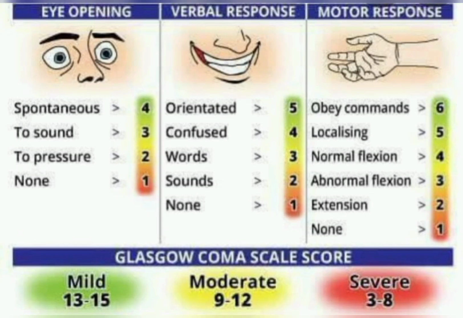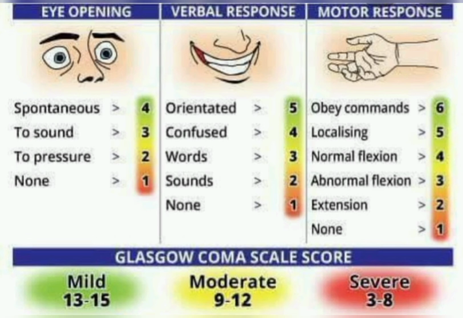In the GCS, the most important parameters are eye opening, verbal response, and motor response. So in eye opening, how do we score whether the patient is opening spontaneously or not? If the patient opens the eyes spontaneously, the score will be 4.